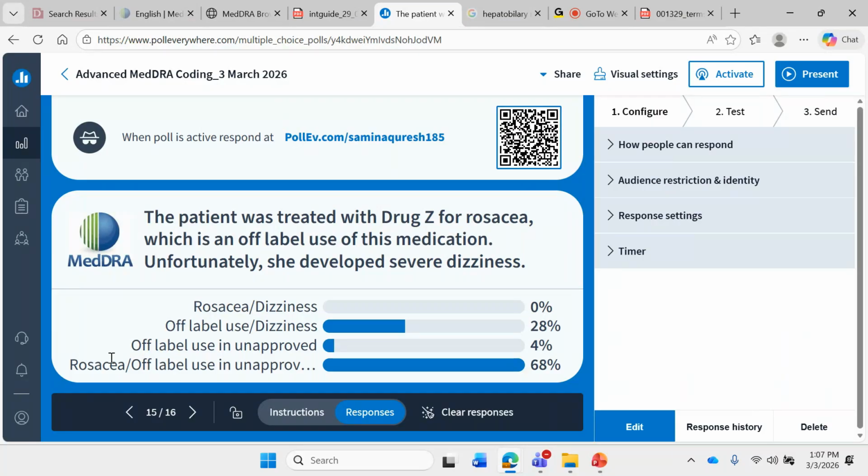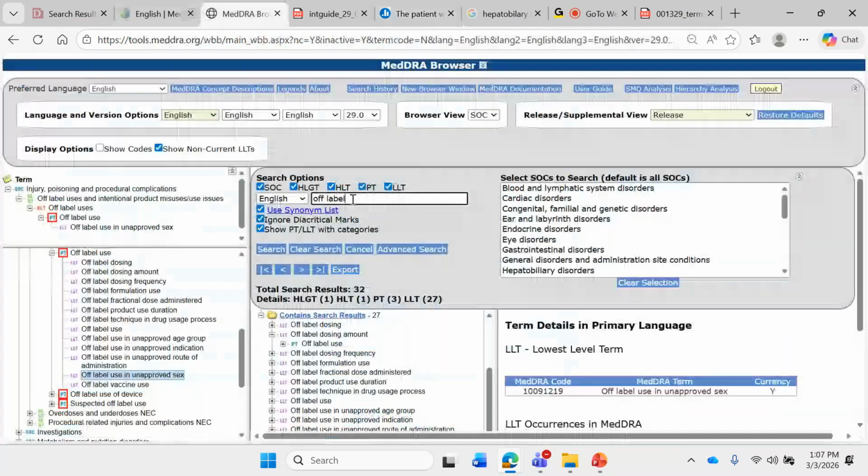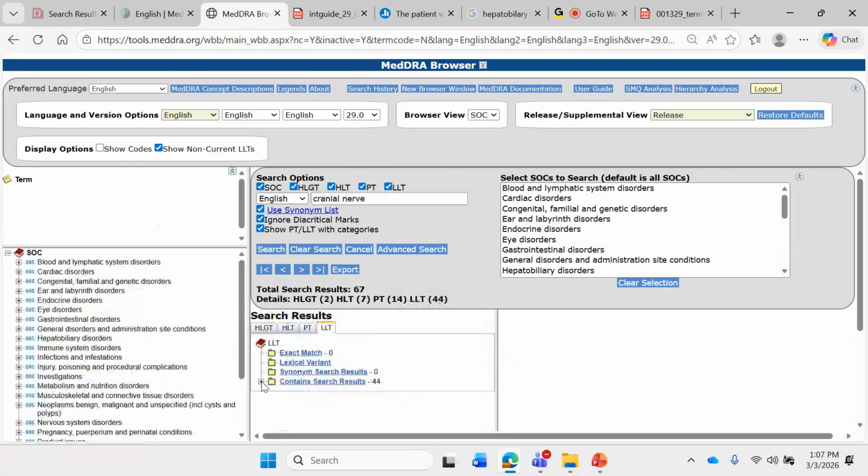Wonderful. Our next question asks, can you use cranial nerve numbers and names interchangeably? Okay, well, let's see what our MedDRA does. So cranial nerve. Let's see if there's a number.